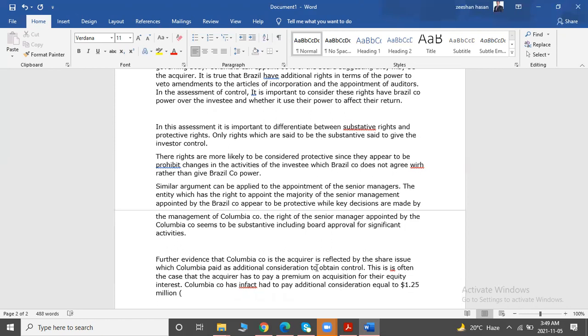That is how we get it: 50% into $5 million into $1.25 into $10.